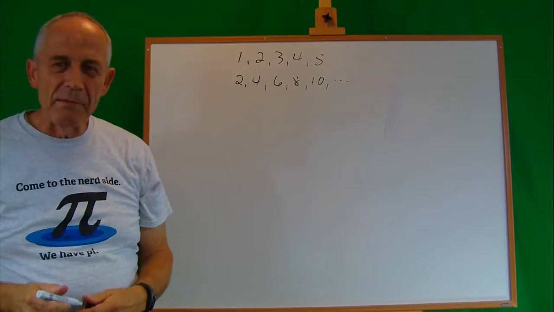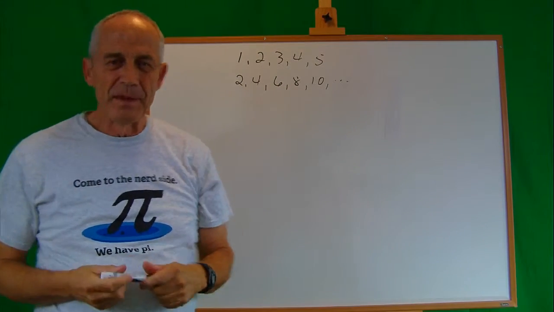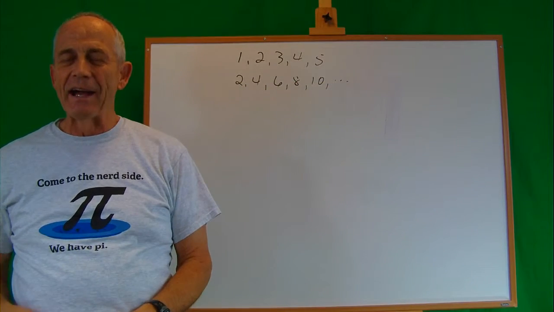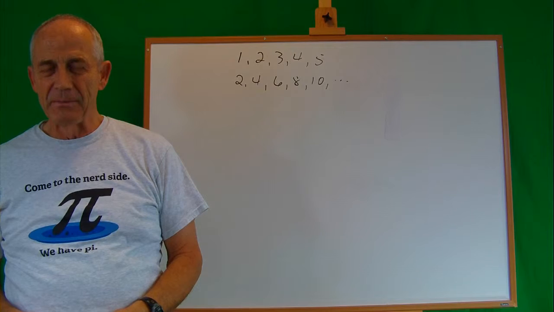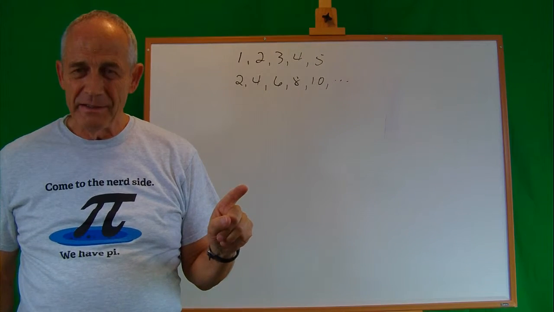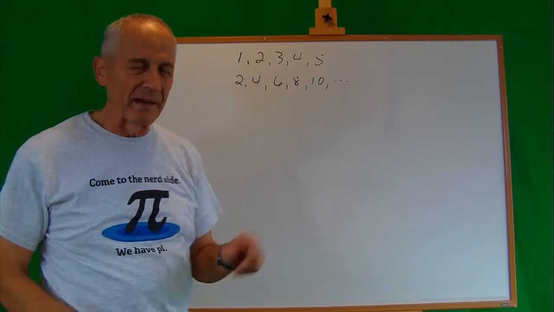You multiply them by 2. So every one of these numbers has 2 as a factor. So whenever you look at a number and it's even, you know that 2 is a factor.